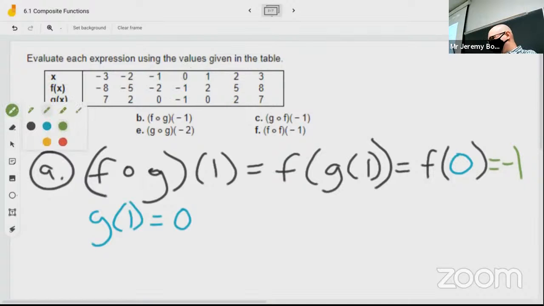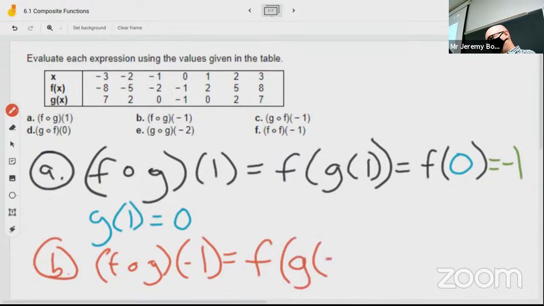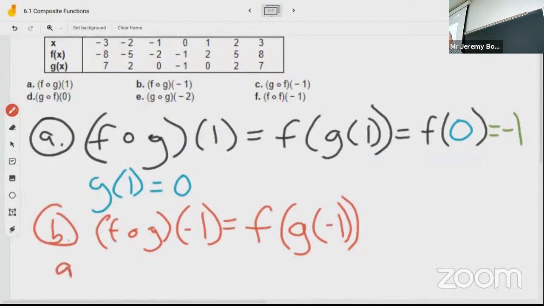B. Let's go with red. And so B, we're trying to do F of G of -1. That means we're going to do F of G of -1. So what are we going to need to find first? G of -1. Good.